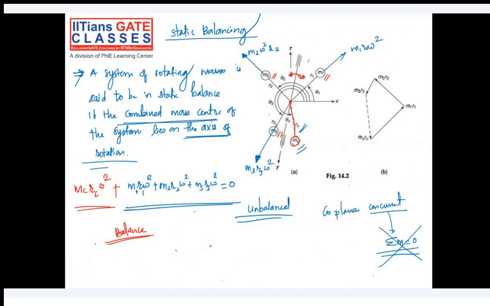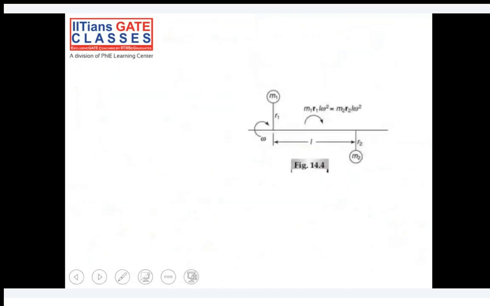So this is a coplanar non-concurrent force system. In mechanics you might have studied this coplanar non-concurrent force system. So here you can say the moment part comes into the picture.